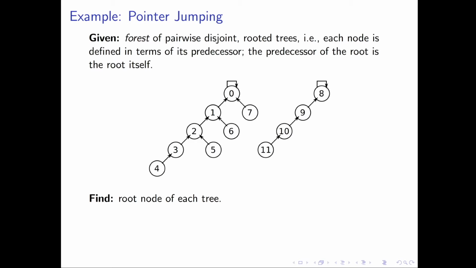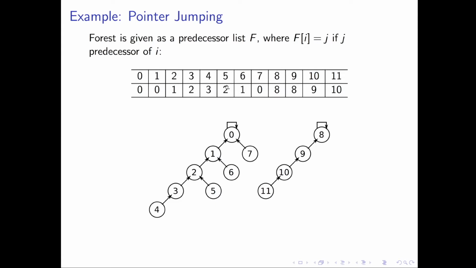root node. So the forest, that is the input to our algorithm pointer jumping, is given as a predecessor list, and the predecessor list stores for each node in the forest its immediate predecessor. Like, consider the forest that I depict down here, and this is the predecessor list for this forest.